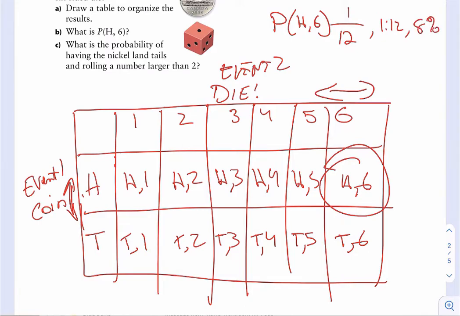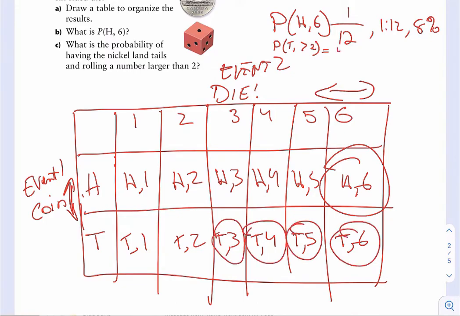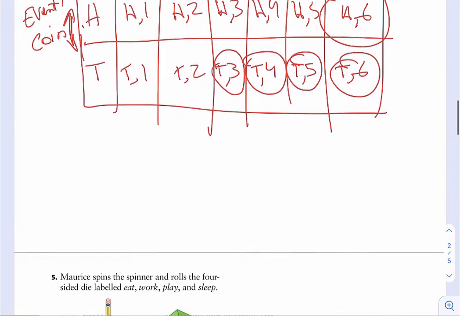Okay, that's B. C, what's the probability of having the nickel land tails and rolling a number larger than 2? Okay, so this one, tails and greater than 2. So how many are greater than 2 on tails? 1, 2, 3, 4. 4 over 12, which reduces to 1/3, 33%.